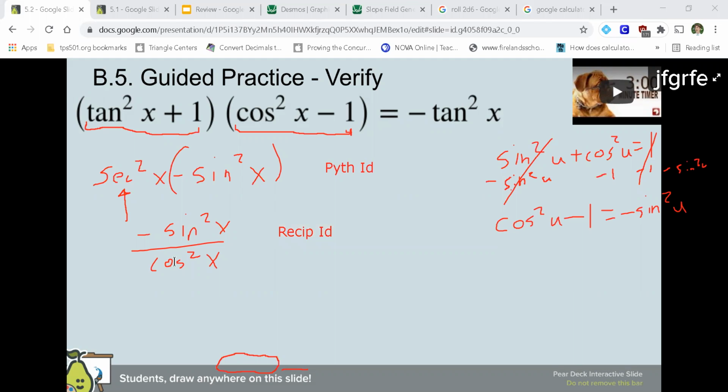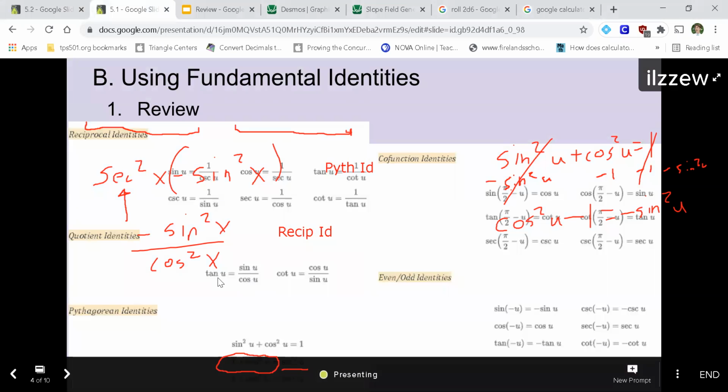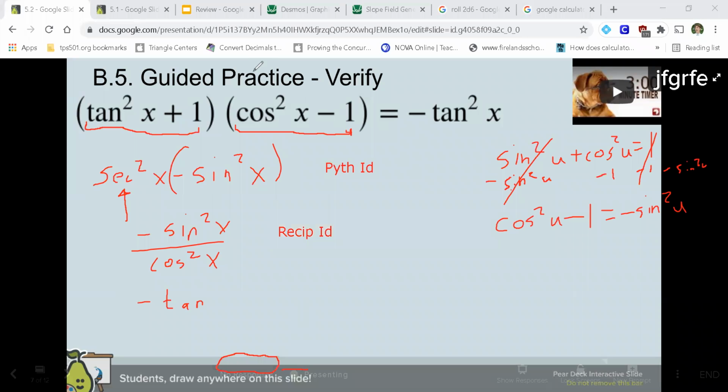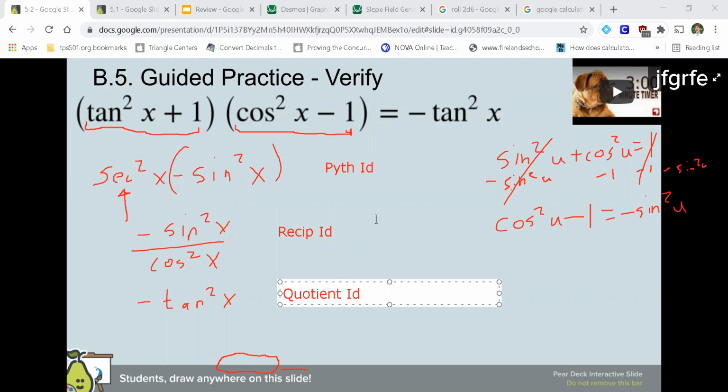And what's sine divided by cosine? Sine divided by cosine is tangent, and that's what we wanted.